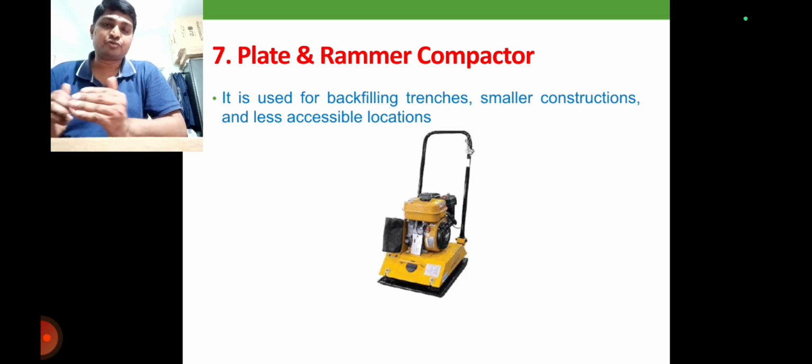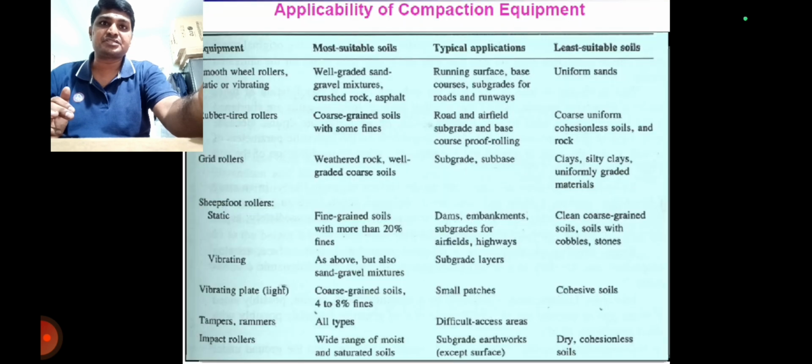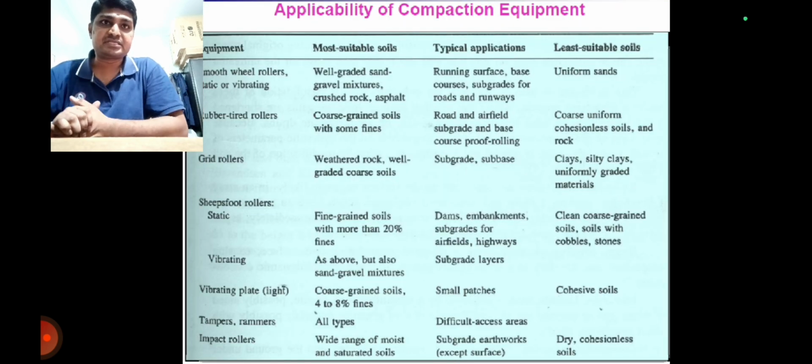Wherever larger equipment is not suitable or not permitted to enter the area, the plate and rammer compactor is most suitable for compacting or impacting the soil. This is very small equipment, most suitable for building construction areas. Here we are seeing some of the applications of compaction equipment.